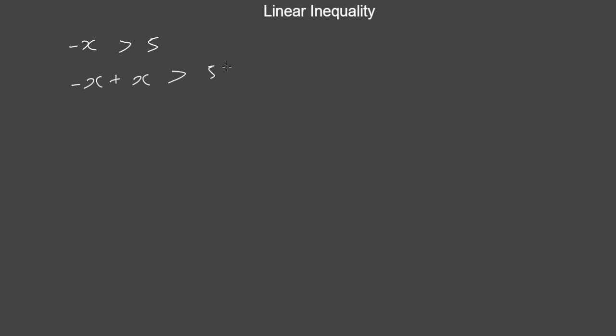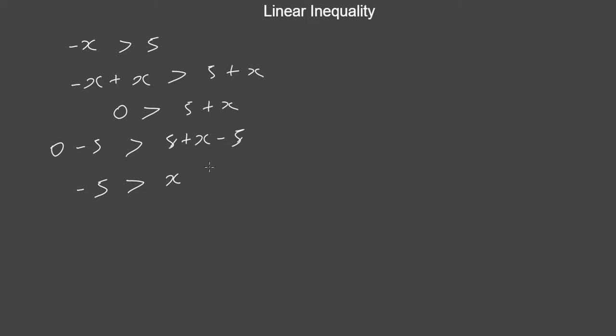So if I take x and add to both sides, this becomes 0 greater than 5 plus x. Then if I subtract 5 from both sides, that is 0 minus 5 greater than 5 plus x minus 5, I'm going to get minus 5 greater than x.